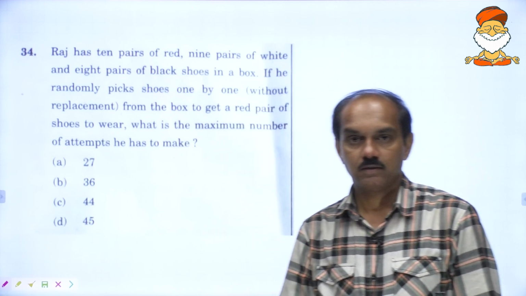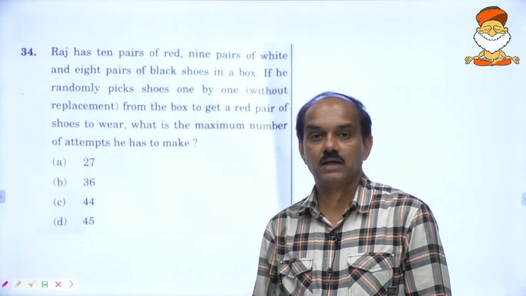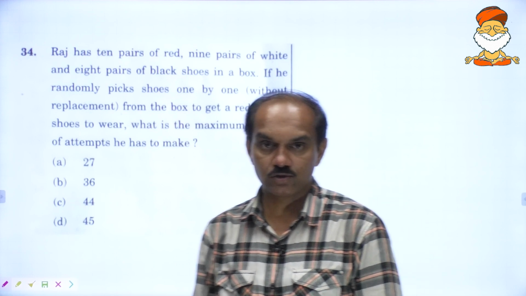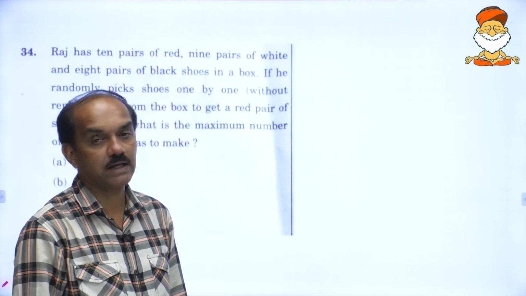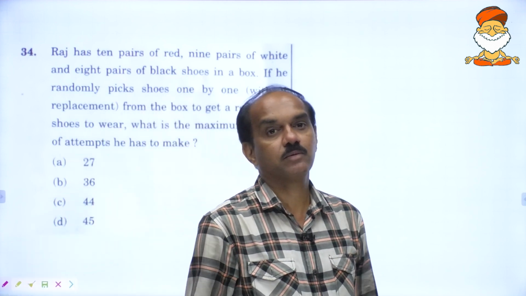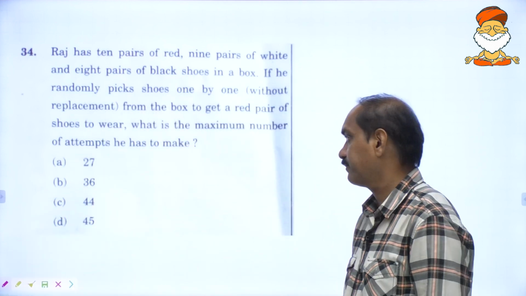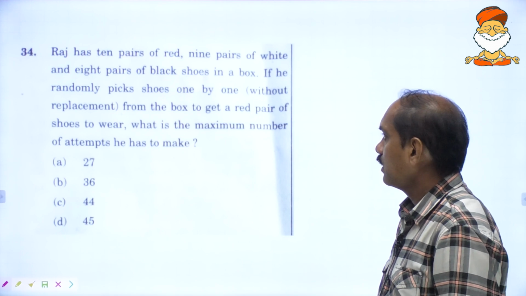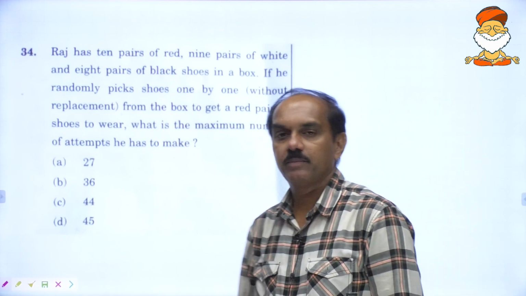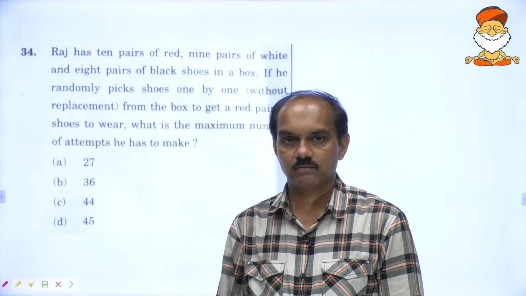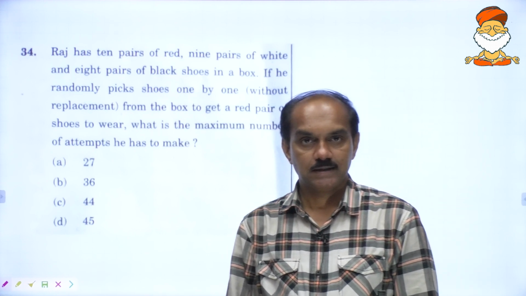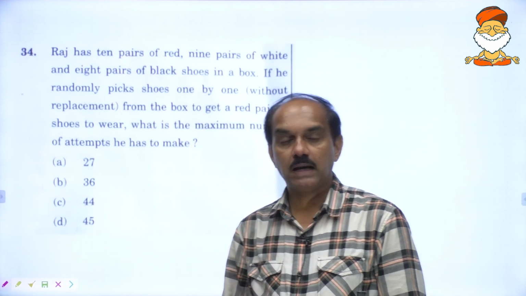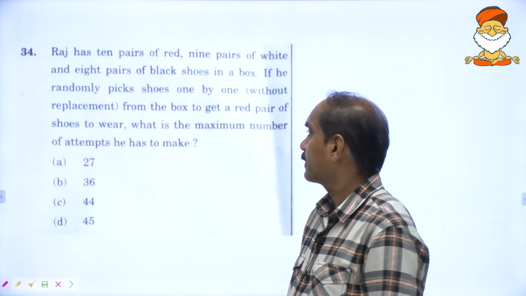He has got shoes of different colors, but he wants to use red colored ones. And for that, what is the maximum number of attempts he has to make? We are not sure that in the beginning only we will be getting red. If his luck is worse, then he may end up getting white or black shoes in the beginning.